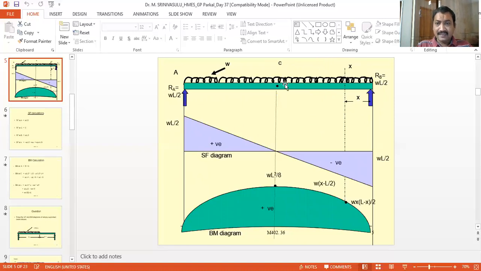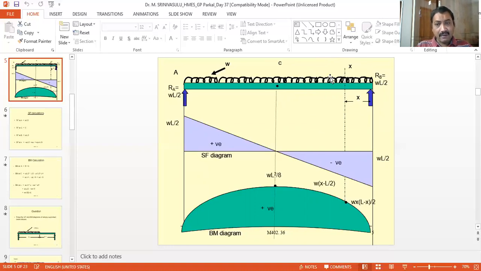Next, this is a force. What is the force? UDL is equal to W into x. Here x means the distance, so the distance is equal to L by 2. So W into L by 2 is the force, and at what distance will it act? Already the distance is L by 2, so in the L by 2, it will act at the mid of the distance.